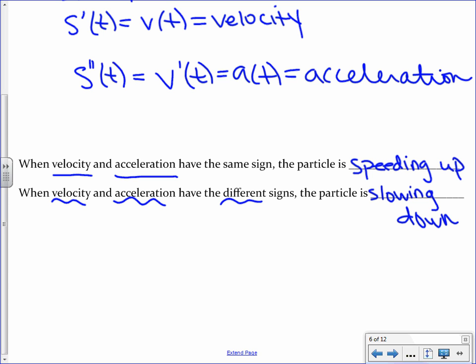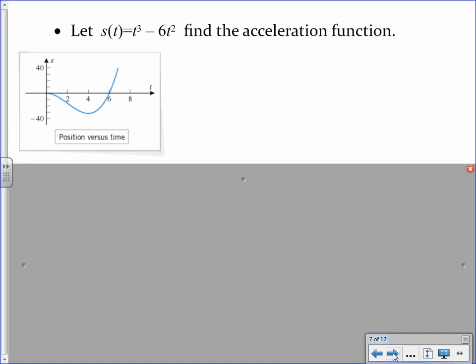Okay, so let's talk about, here is, I forgot I had this slide, here's the picture that I went way back to look at, right? So here's our position versus time. All right, let's talk about the acceleration. Our velocity was 3t squared minus 12t.